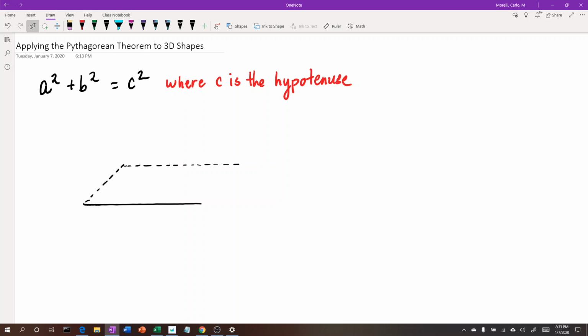And then this connector right here will be 1 inch. You really want to make an effort to make these parallel, this dotted length over here and this solid line here.